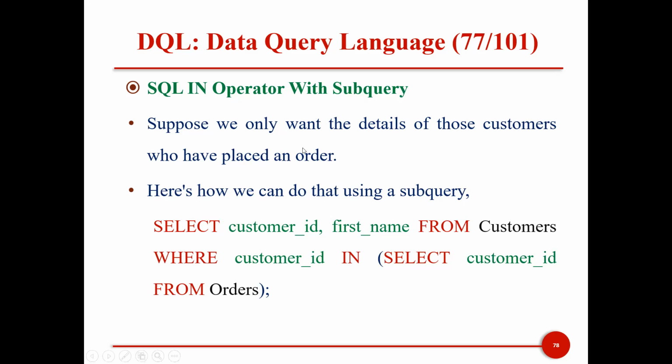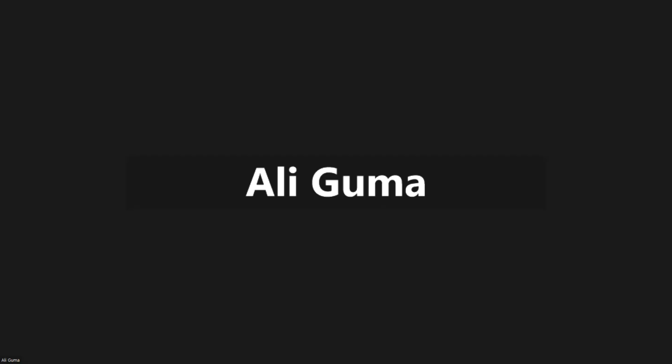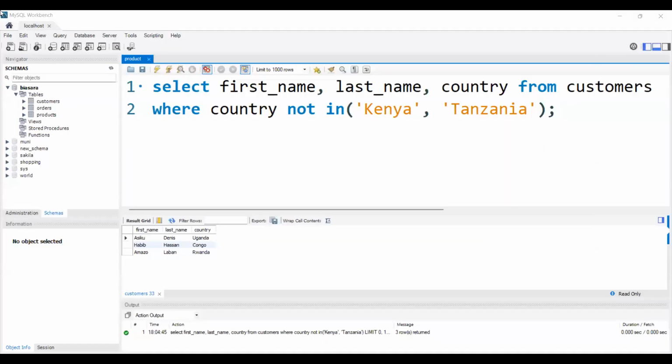The syntax is very simple. You put select and list the columns that you want to appear from customers, where the customer ID is those IDs of all the customers that have made orders. Let us first go to our MySQL and see which customers made orders.